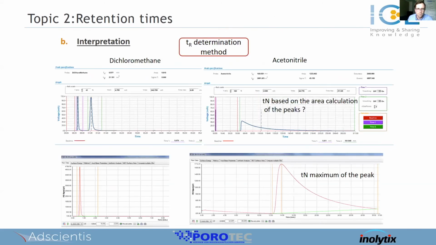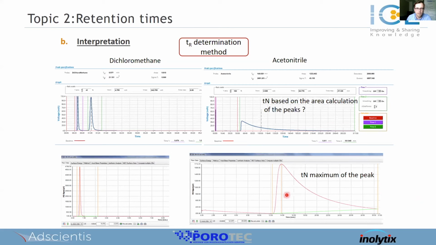Here we have two different examples of polar probes, dichloromethane on the left-hand side and acetonitrile on the right-hand side, measured on two different systems. You can see that the peaks are very different. The acetonitrile peak is very asymmetric, and the exploitation of this peak has an impact on the determined retention time.